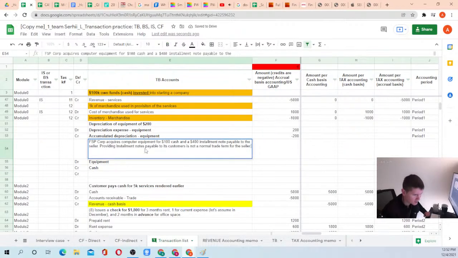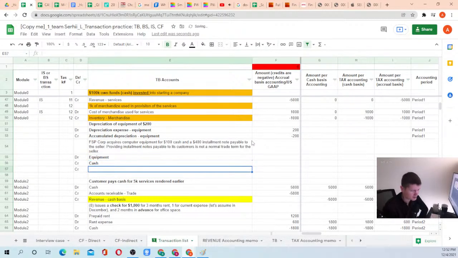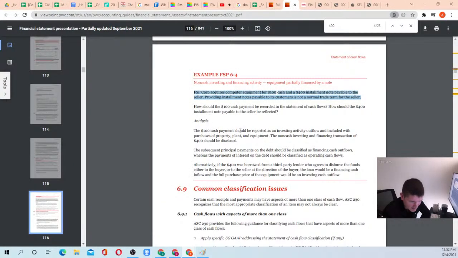So I would assume that installment note is not accounts payable, but just some form of borrowings. Let's read the guidance. It should be reported as investing activity outflow and included with purchases of property, plant and equipment. The non-cash investing and financing transaction should be disclosed.